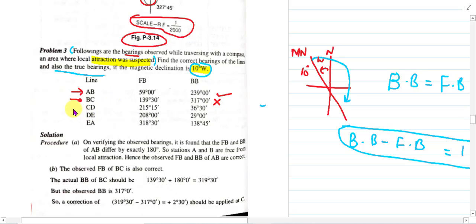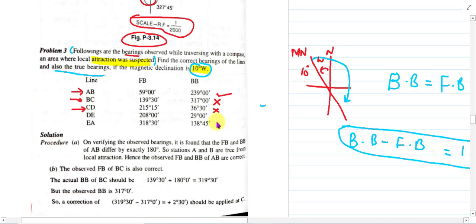Now move to row number 3, which is represented by the line CD, and we apply the same check formula for the back bearing and fore bearing values. Then we find that clearly this is 15 degree, this is 30 degree, then the difference is not equal to 180 degree.